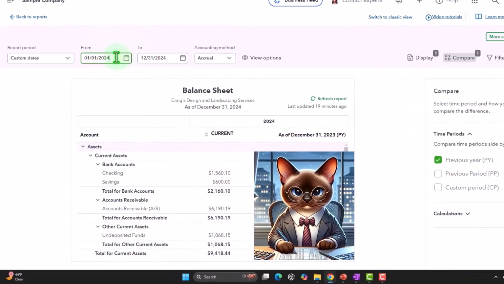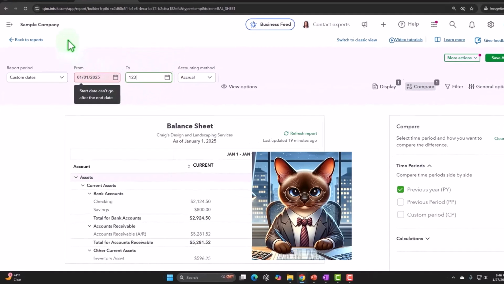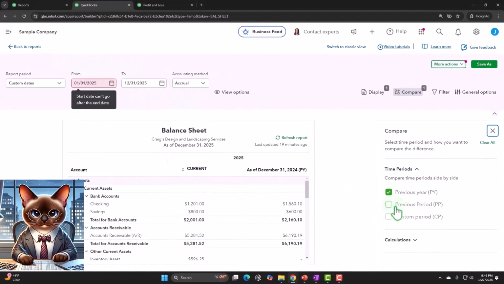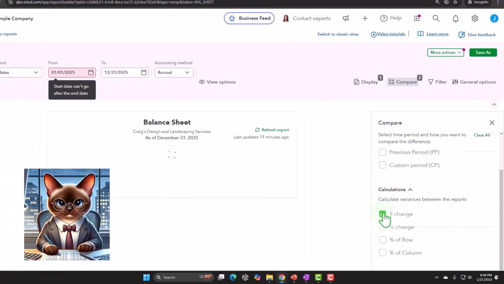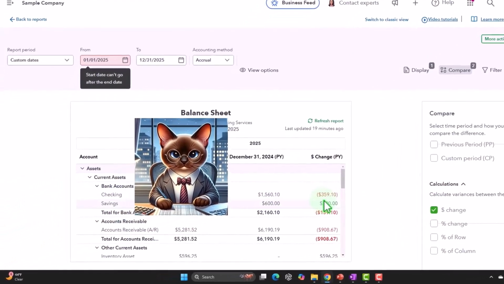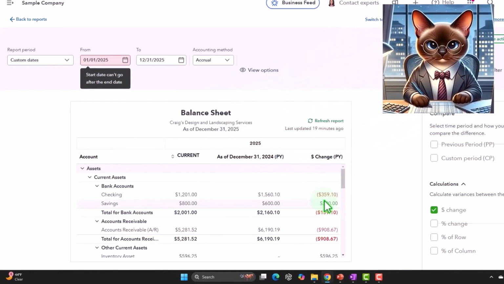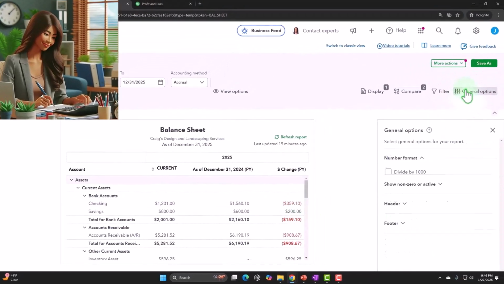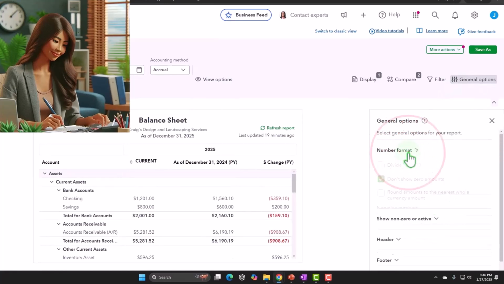Let's go from 2025 to 12/31/25, and then we have a previous year, and then we could say take a look at the dollar change, and notice that's going to give us substantial negative numbers that might stand out a bit more if we make them red. And I kind of like the brackets as opposed to just a negative personally. All right, so that's going to be those ones, and then those are in the number formatting.